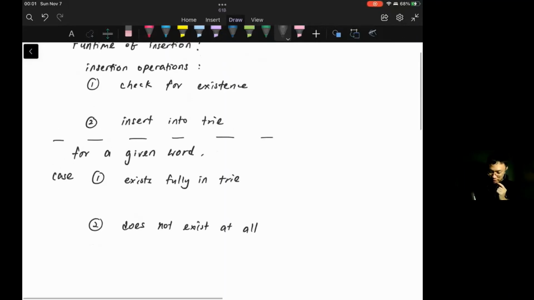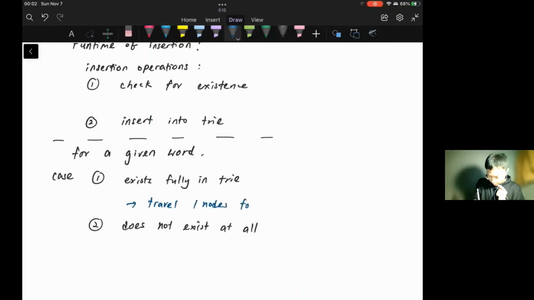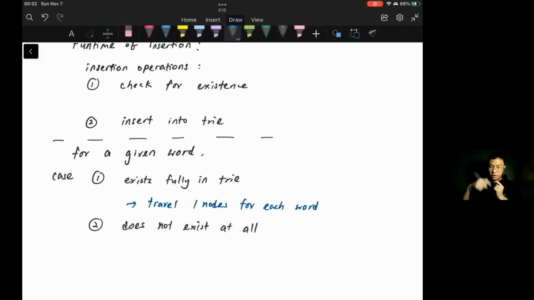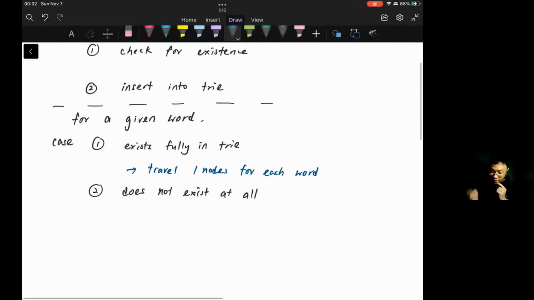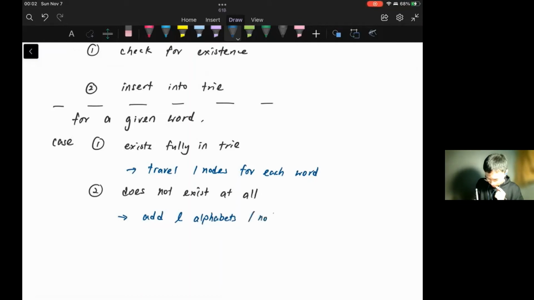So in case one, this implies that we have to traverse L nodes for each word, as we check through all the L nodes, alphabet by alphabet. For case two, since the word does not exist at all, this means that we have to add L alphabets or nodes into our tree, right?